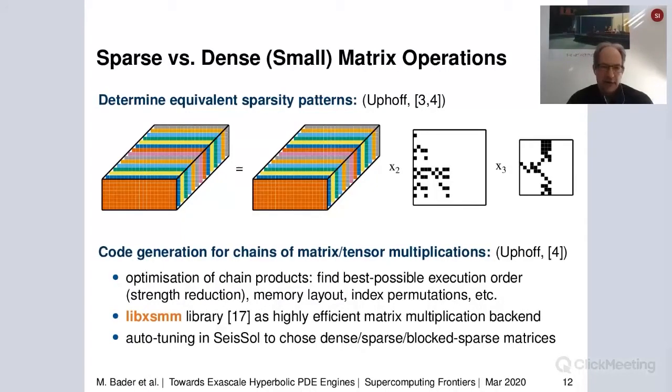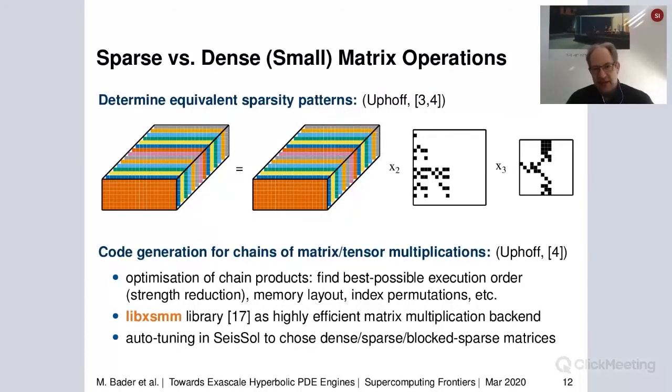So for SeisSol, all the matrix and possibly tensor operations are element local, so you have different sizes, like the number of quantities in your PDE, typically 9 for SeisSol, or the number of degrees of freedom per element, so it's the integration point of your discontinuous Galerkin method, which can be around 50 for a typical production order.